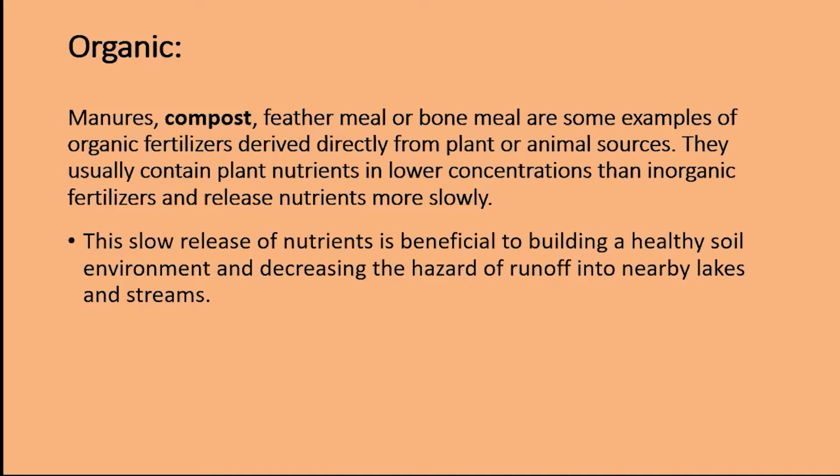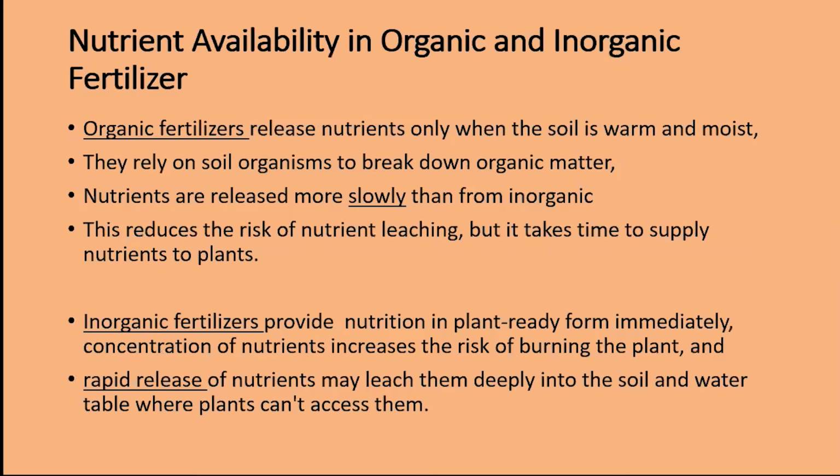If you're trying to remedy a severe problem in your garden, you could use the inorganic because that is a rapid remedy for the plant. But the organic are slower and will over time build up a reservoir in your environment that will be very healthy for the soil and for your plants. It also has less risk of runoff into our lakes and streams.